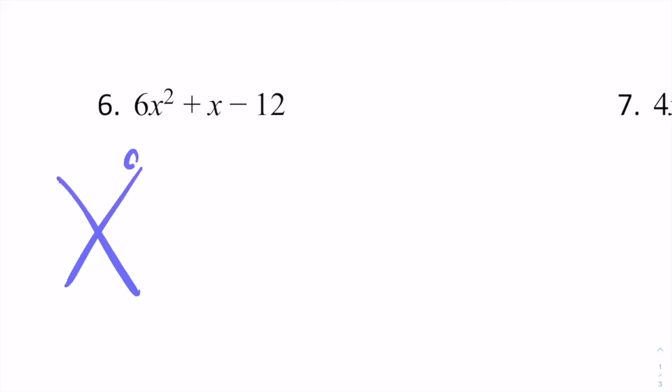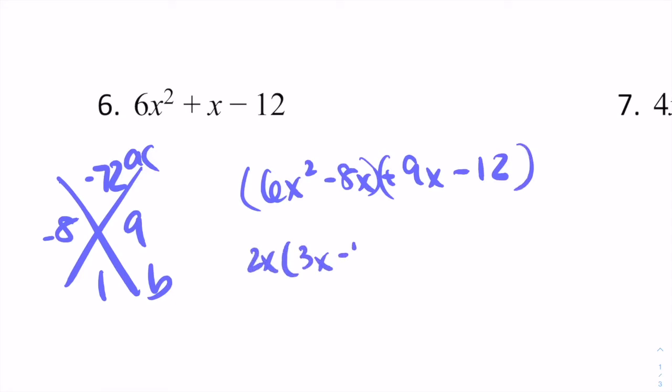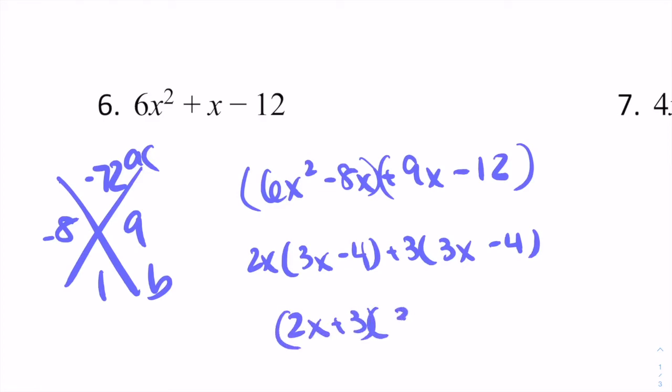A, c, b, negative 72 and 1, so it looks like negative 8, positive 9. 6x squared minus 8x plus 9x minus 12. Factor by grouping. It's like maybe 2x. You get 3x minus 4, plus 3, you get 3x minus 4, you get 2x plus 3 times 3x minus 4.